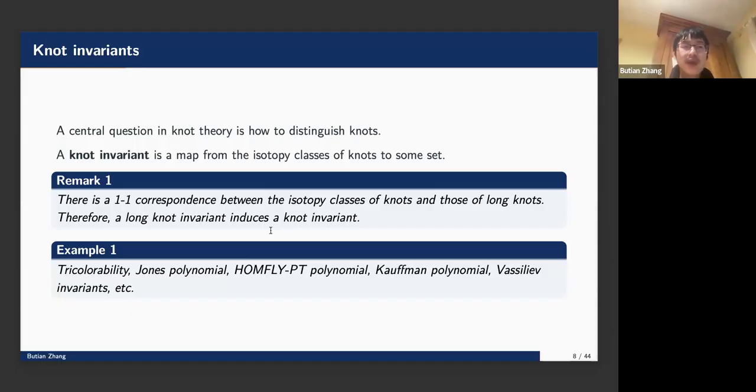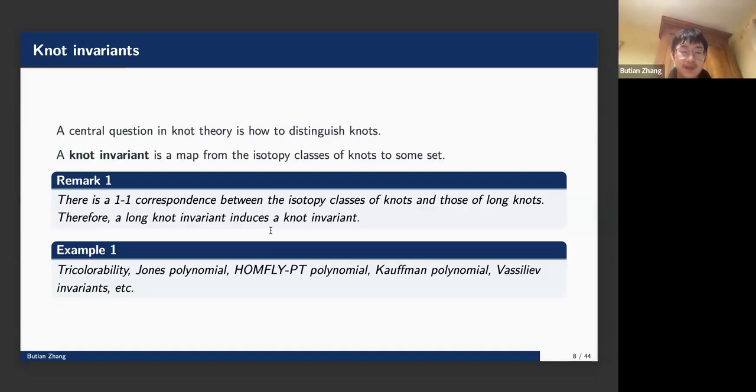That is to say, you don't have to worry a lot. For long knots and knots, if we study them up to isotopy, there is not much difference. And the knot invariants we have known now, there are lots of knot invariants.